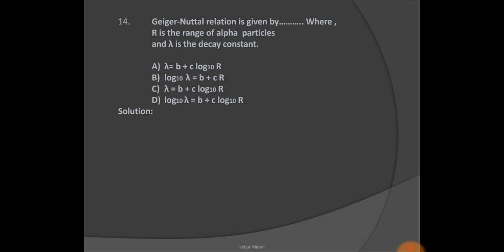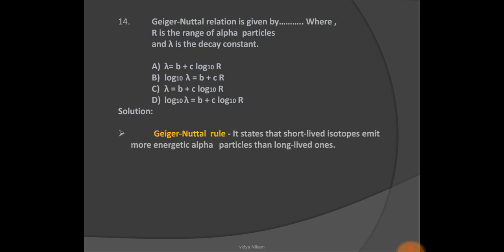Option C, lambda is equal to B plus C log to the base 10 R. And option D, log to the base 10 lambda is equal to B plus C log to the base 10 R. So Geiger-Nuttall rule states that short-lived isotopes emit more energetic alpha particles than the long-lived ones, and its relation is given by log of lambda is equal to B plus C log of R. Option D is the right option.